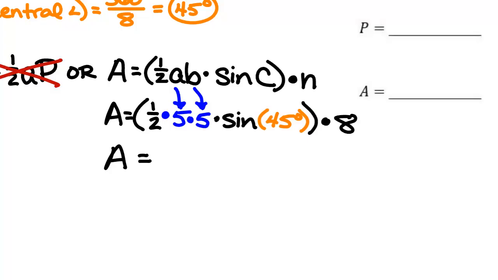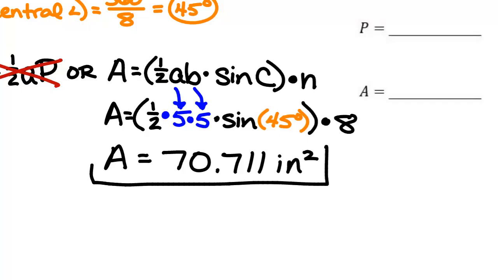What do we get? 70.711. Should we put units with that? Inches squared.